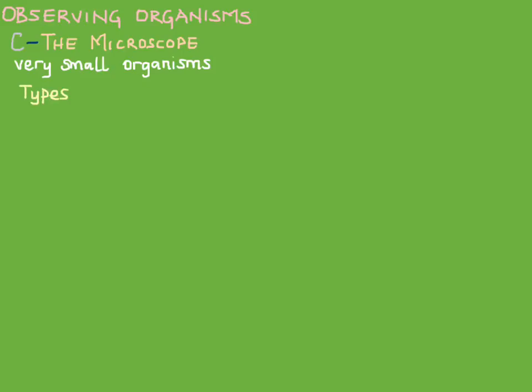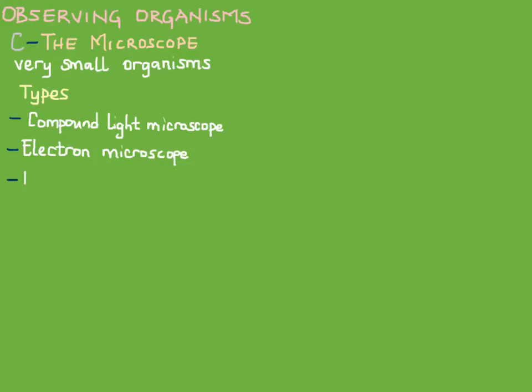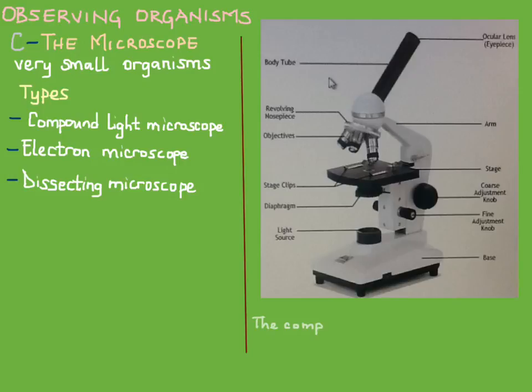There are several types of microscopes, such as the compound light microscope, as can be seen in the picture below, the electron microscope, and the dissecting microscope. The microscope has a system of lenses.